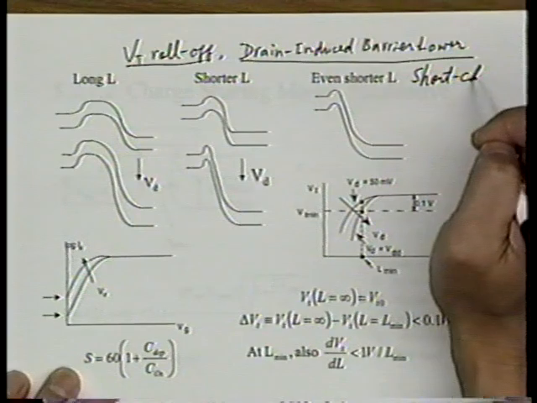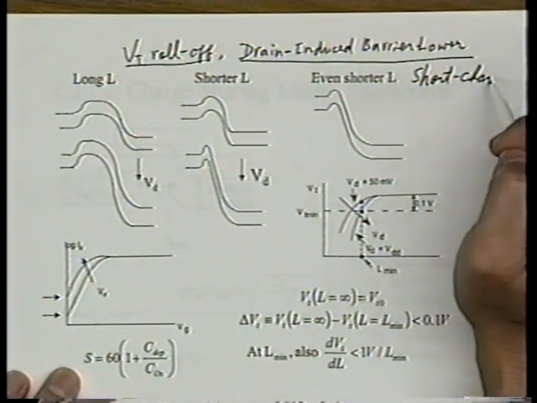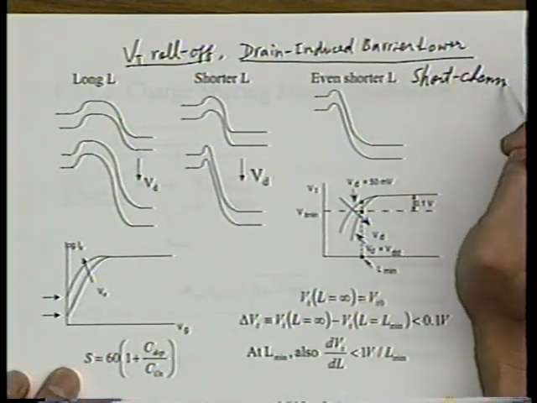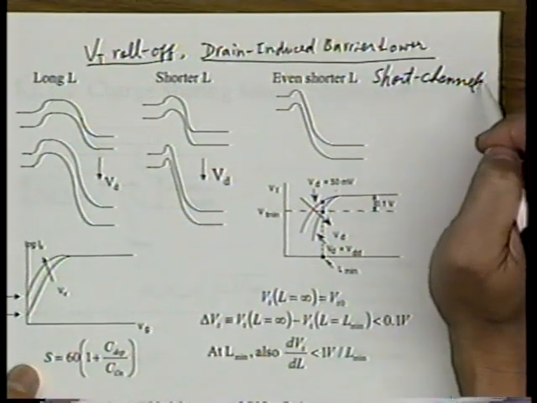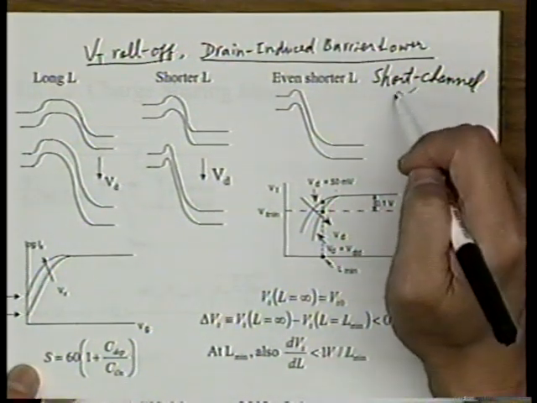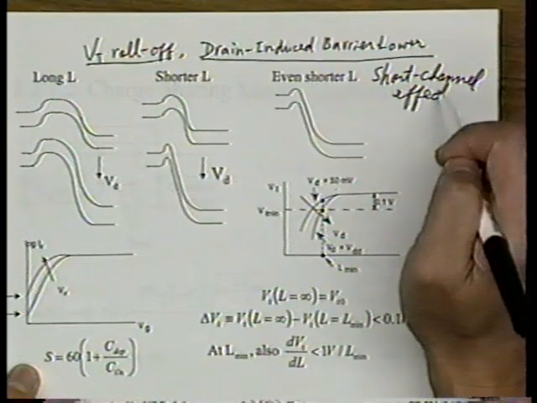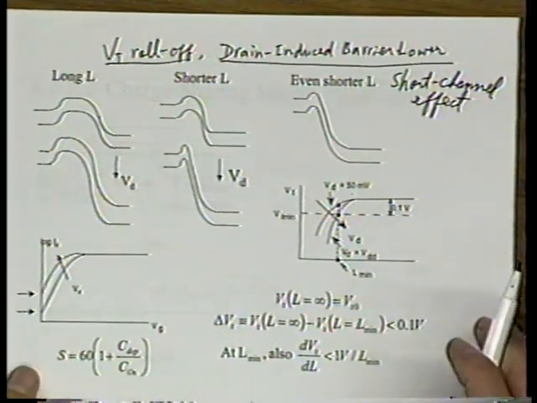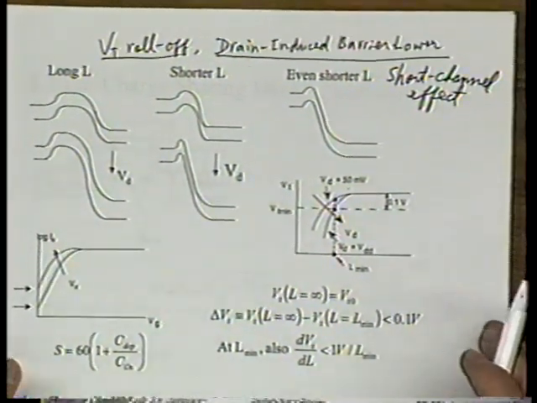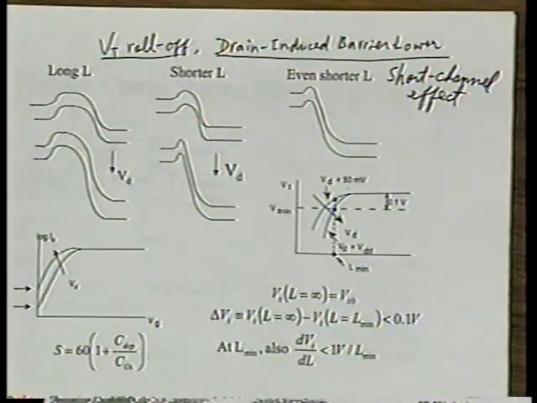Short channel effect may also be used to refer to a larger class of problems. But these three things very often are used interchangeably. You can always argue they should not be used interchangeably, but often they are, and it does not cause much problem when they are used interchangeably.